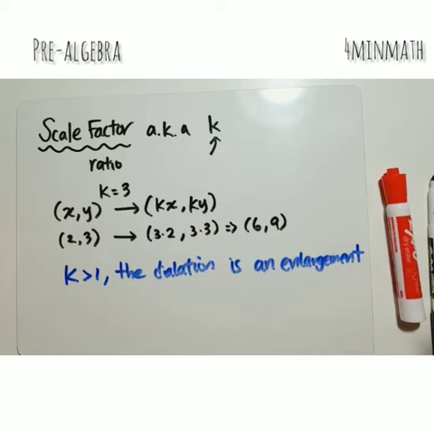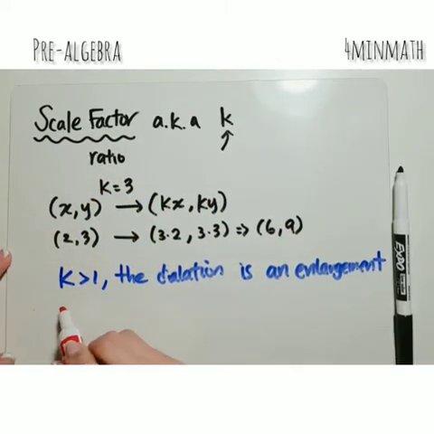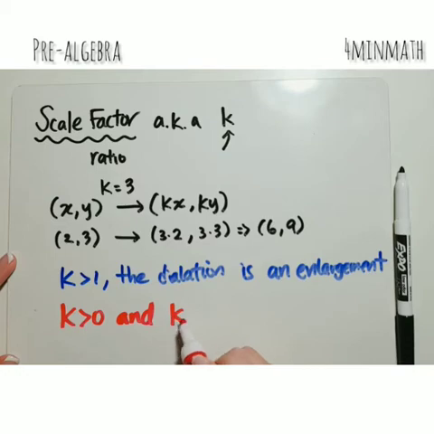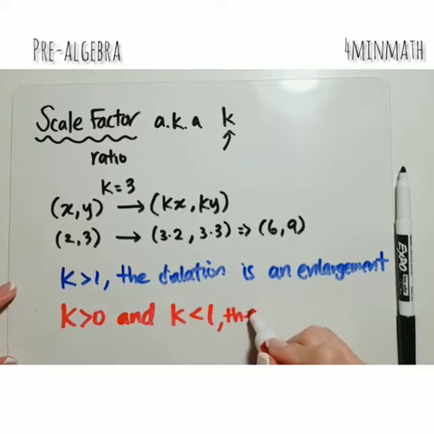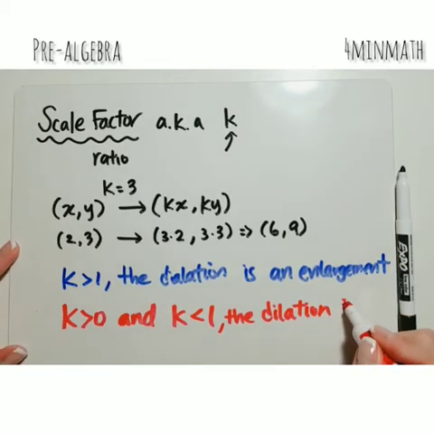The new image will become bigger. And when k is greater than 0, not a negative number, and k is less than 1, which means k is in between 0 and 1, the dilation is a reduction.